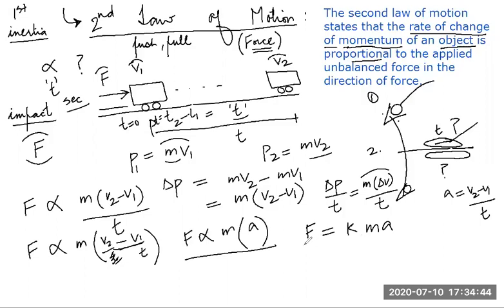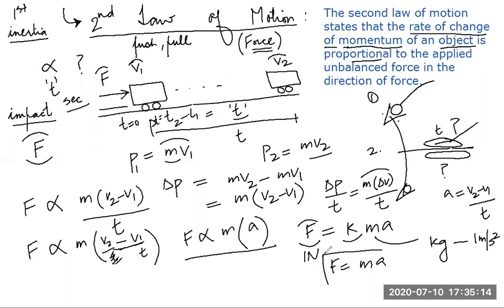Now, students, the unit of force is chosen in such a way that for a mass of 1 kg, if the acceleration produced is a equal to 1 meter per second square, I say the force is 1 Newton. In that case, 1 Newton by 1 kilogram by 1 meter per second square, the k becomes 1. I can say F is equal to ma.